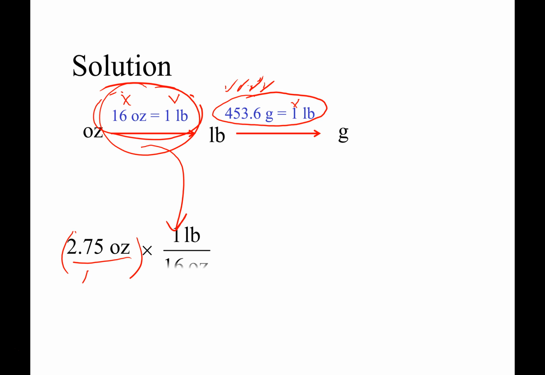Bottom. Yep, 16 ounces in the bottom, 1 pound in the top. Perfect. How about this equivalency statement, making it so our pounds will cancel? Pounds on the bottom, plus 453.6 grams on the top. Exactly. That's it.